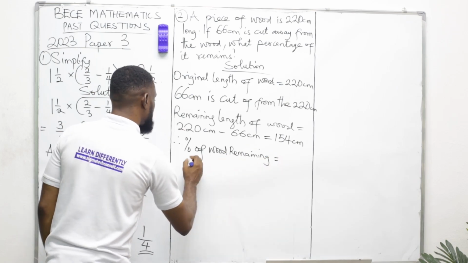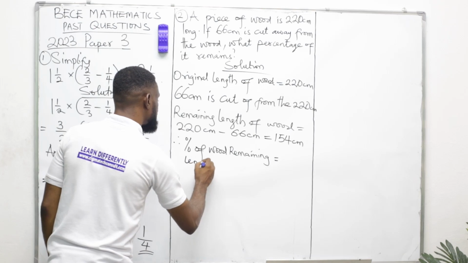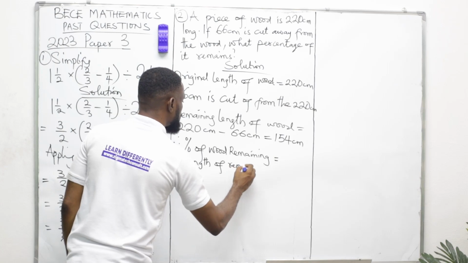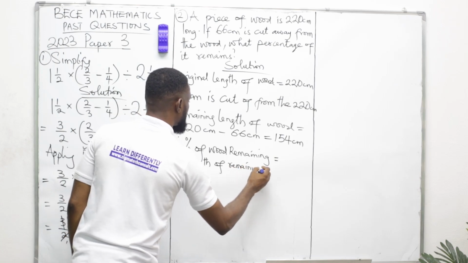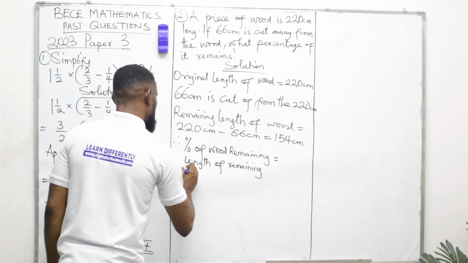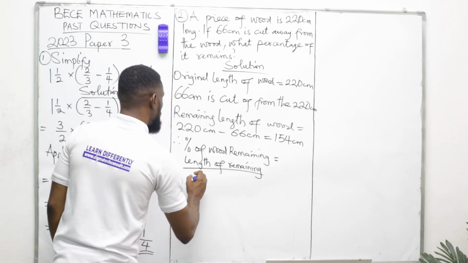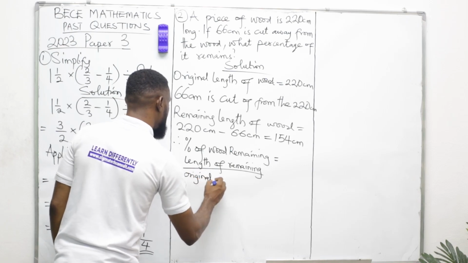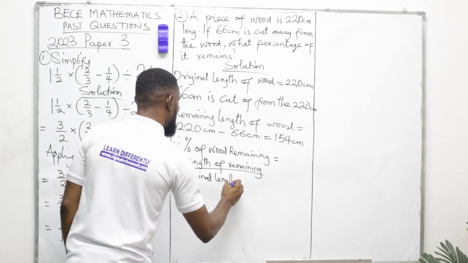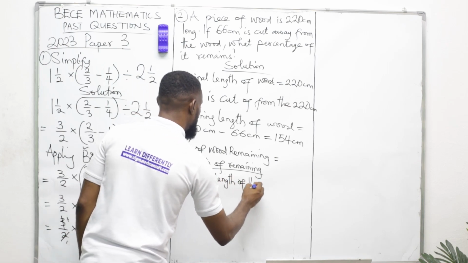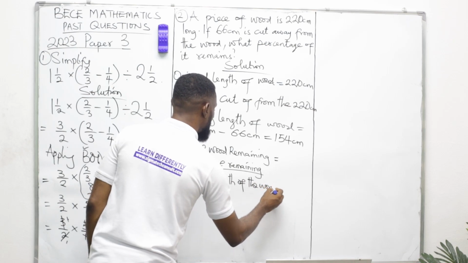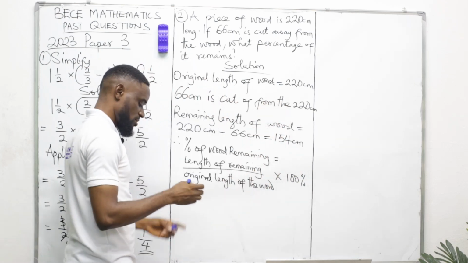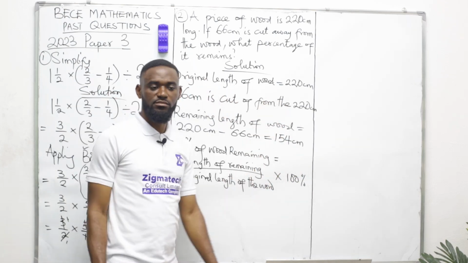It will be equal to the length of remaining wood after the 66 is taken off, divided by that original length of the wood, multiplied by 100 percent. Do you get that now?